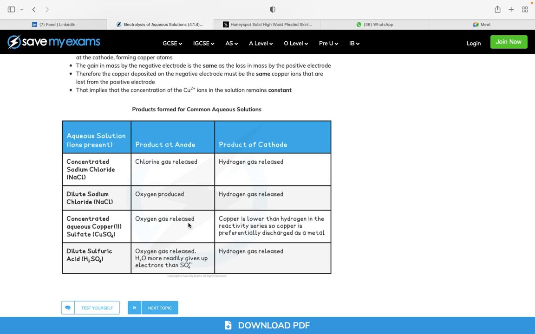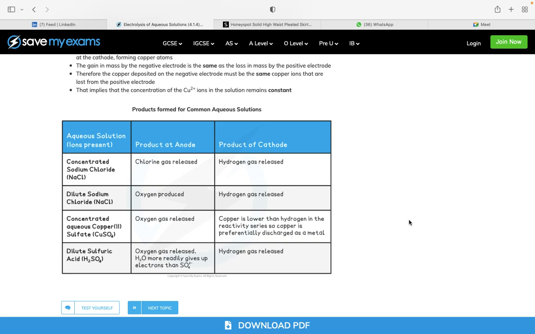So oxygen gas is released, and then at the cathode, copper is definitely lower than hydrogen, so copper is produced, right? It's preferably discharged as the metal. Now dilute sulfuric acid, once it's dilute, whatever is produced at the anode is oxygen. Oxygen gas is produced, then hydrogen is produced at the cathode.